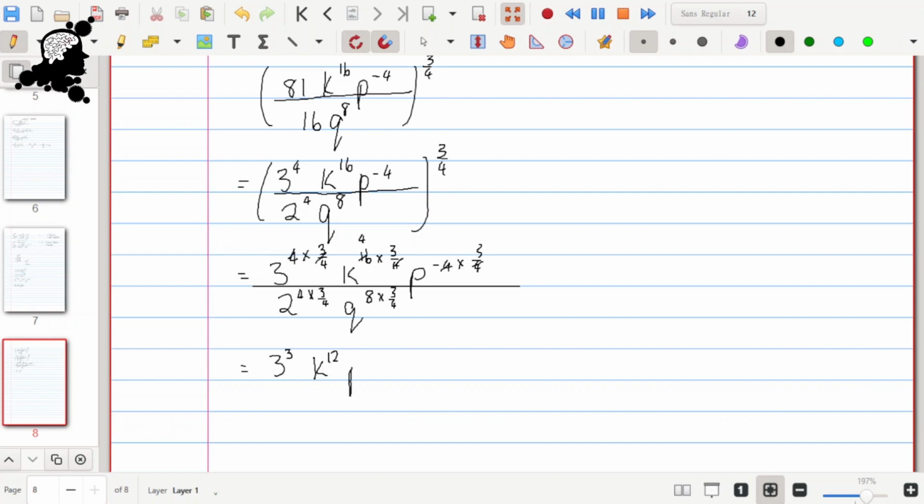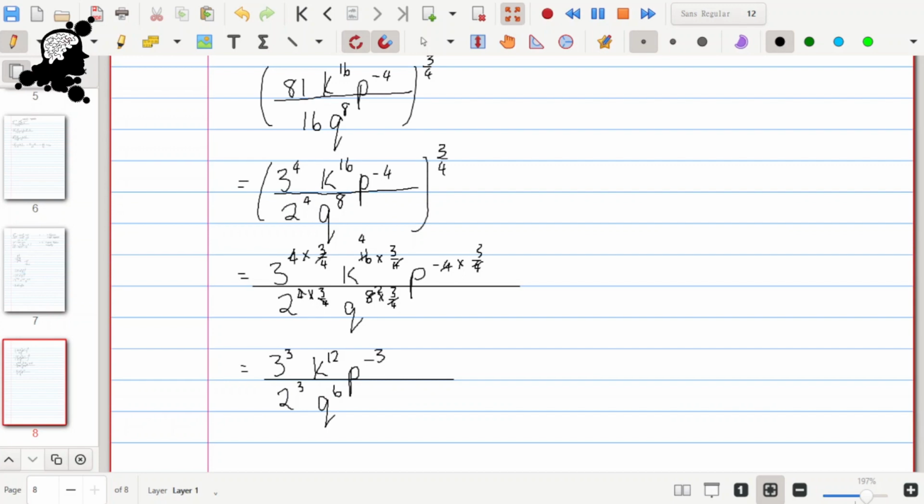We remain with p to the power negative 3. And this is all divided by 2 to the power, 4 and 4 cancel, we remain with 3. 4 goes into 8 twice, 2 times 3 gives you q to the power 6.